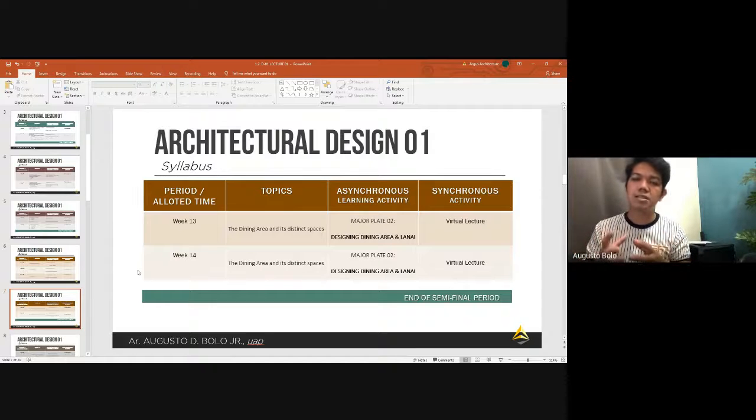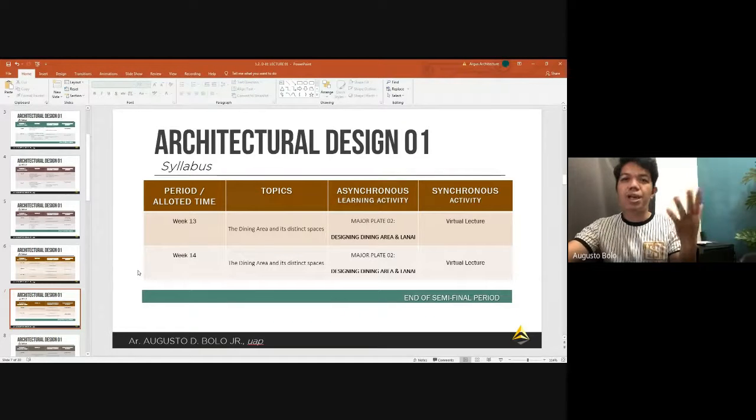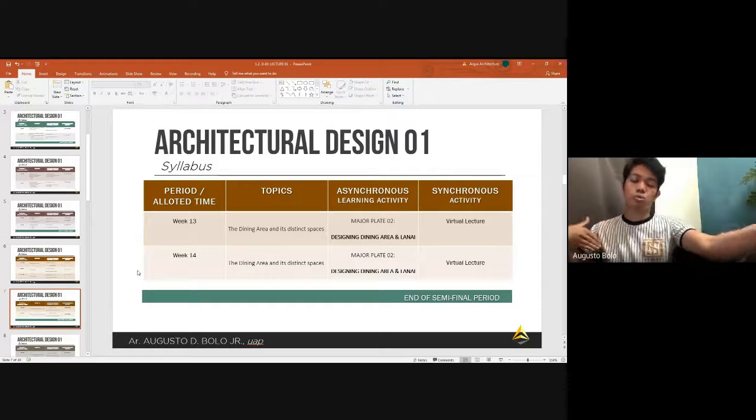We usually had to design a flexible area where they could eat or take a siesta break. So the lanai is intended to accommodate flexibility in terms of the dining area. Later on, we will be studying that.